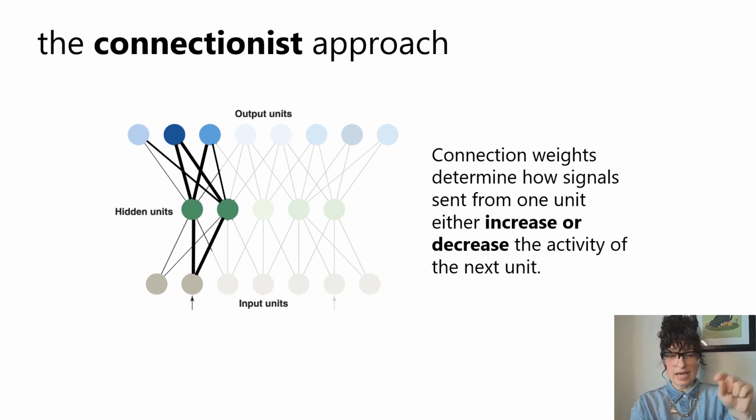So activating that second gray input unit, it has strong connection weights to these two green hidden units, which themselves have the strongest activation to that second output unit. But you can see that there's going to be a pattern of activation generated even by just activating that one input unit. You're going to see a pattern at the output level. You're going to see a pattern of activation based on the connections between the hidden units.